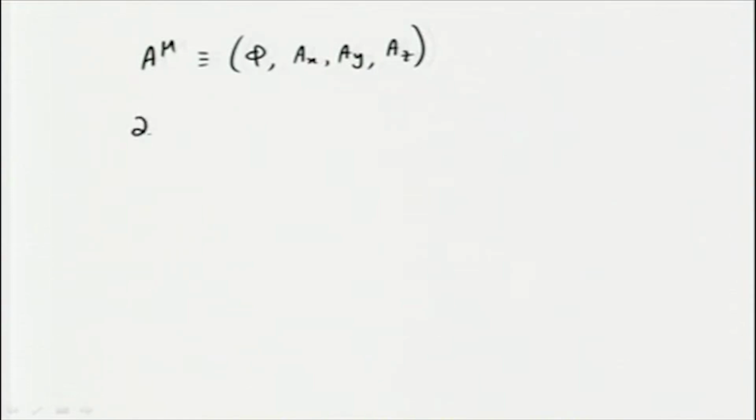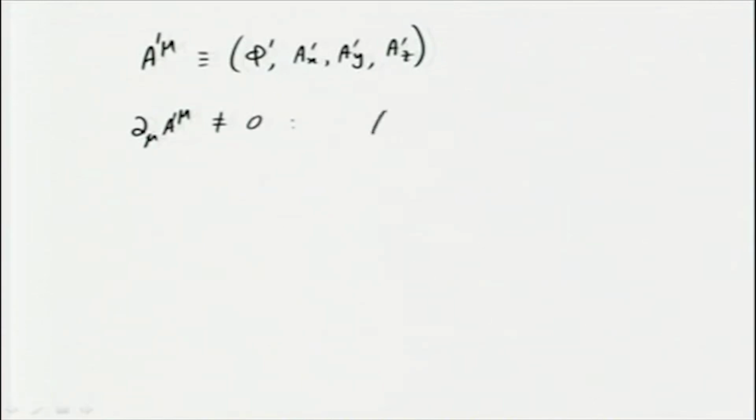Let us consider the 4 divergence of A mu. For any arbitrary choice of A mu, it is not guaranteed that dou mu A mu is equal to 0. But let me start with some potential which I denote by A mu prime. Divergence of that is not equal to 0.